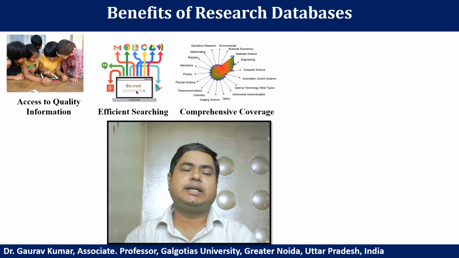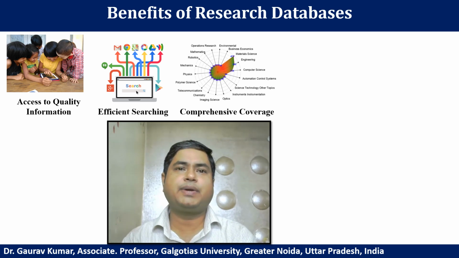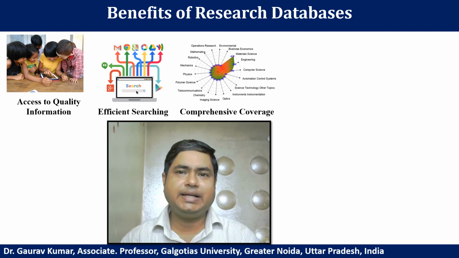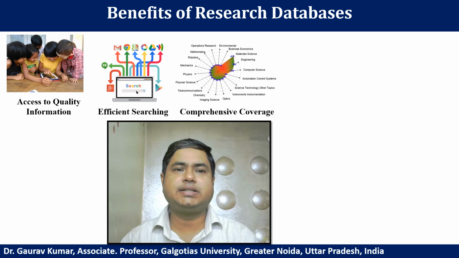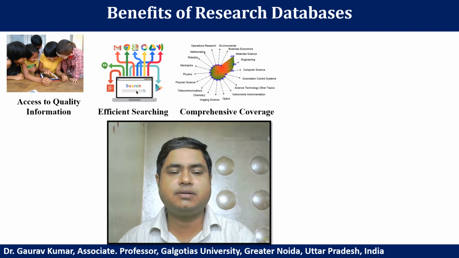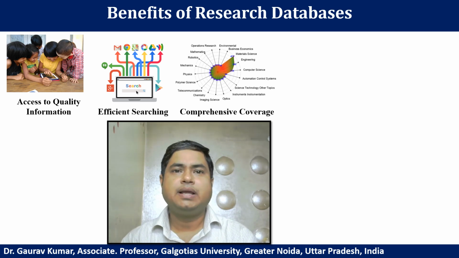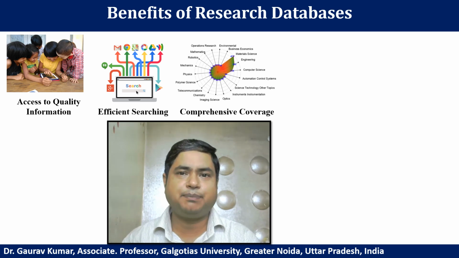Many research databases cover a broad spectrum of disciplines and subject areas, making it easier for researchers to find information across different disciplines. This interdisciplinary approach is especially beneficial for multidisciplinary research projects.